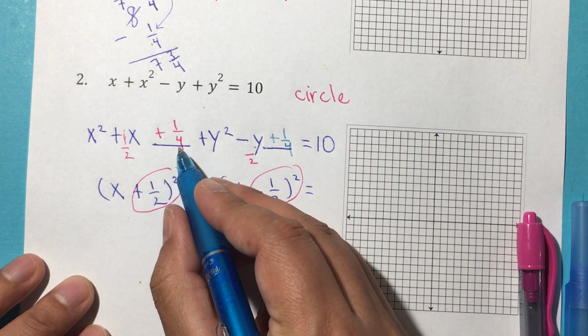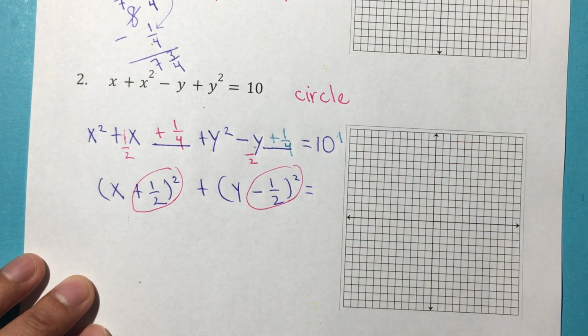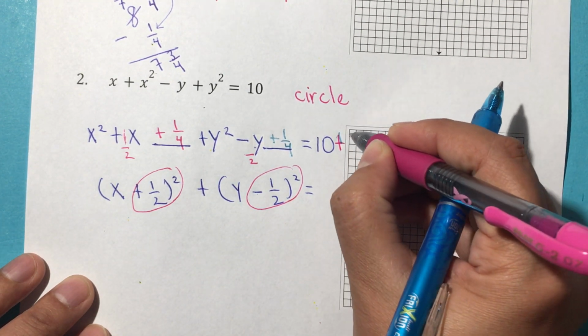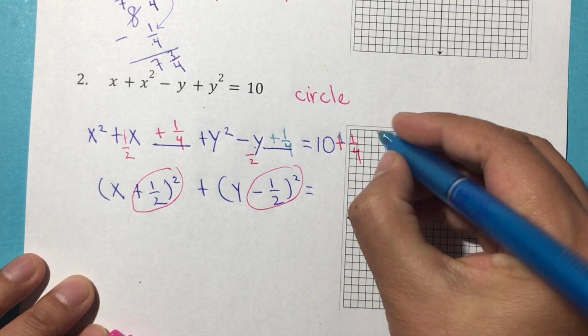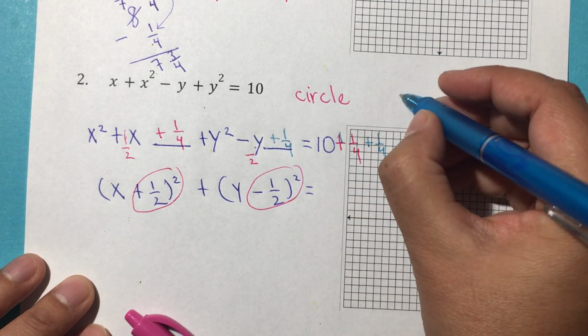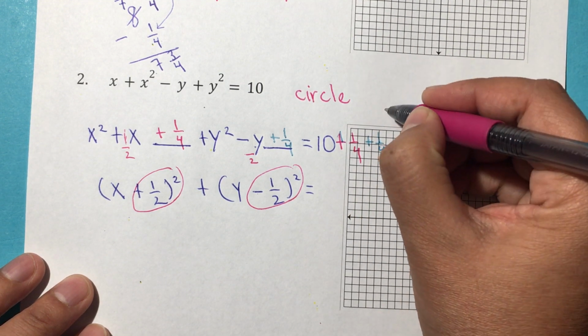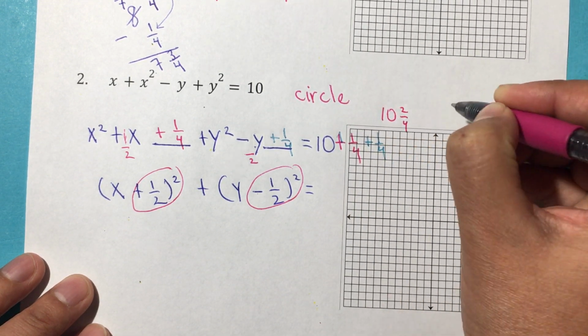And if we add 1/4 here and 1/4 here, we will add 1/4 in here plus 1/4, which is 2/4, right? And in numbers, 10 plus 1/4 plus 1/4 is 10 2/4.